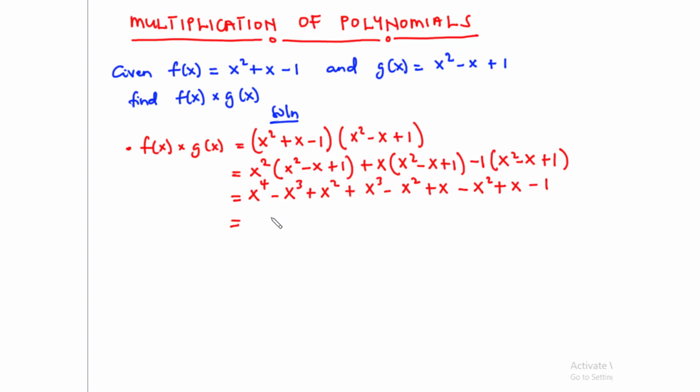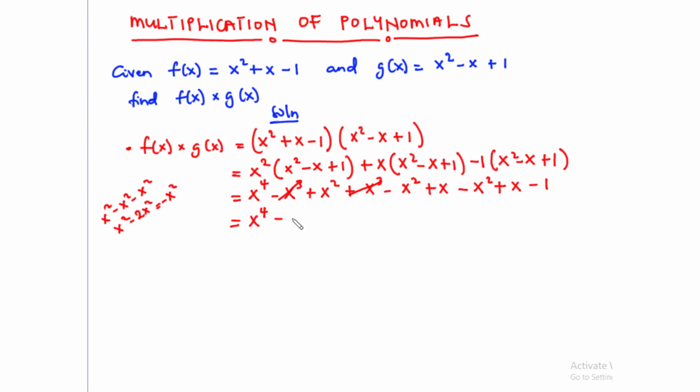Now let's combine like terms. Here we have only one x exponent 4 term, so we write x exponent 4, and then negative x cubed plus positive x cubed is 0x cubed. We have x squared minus x squared minus x squared, which is the same as x squared minus 2x squared, which is negative x squared.